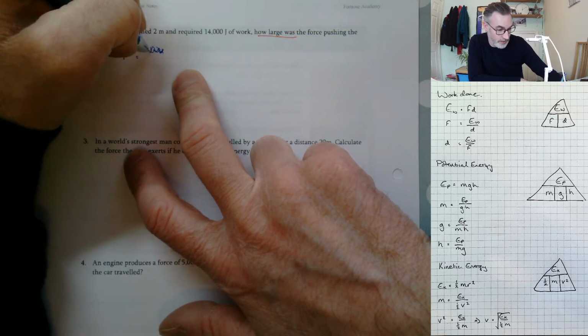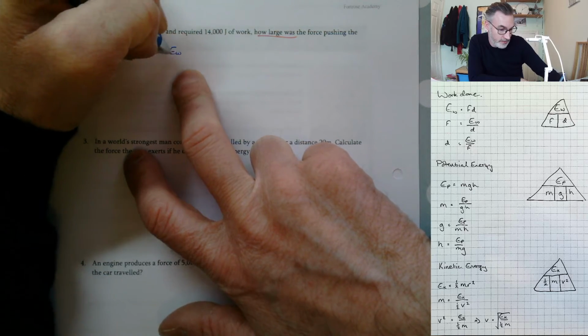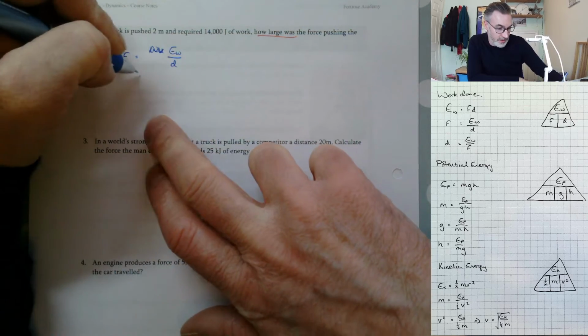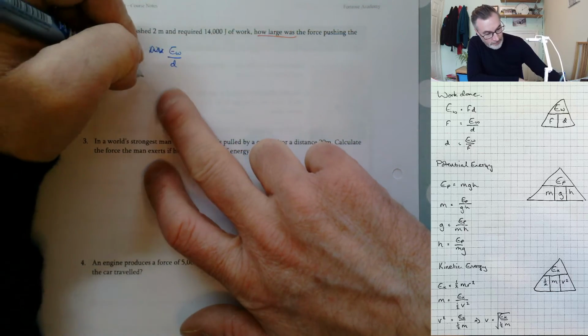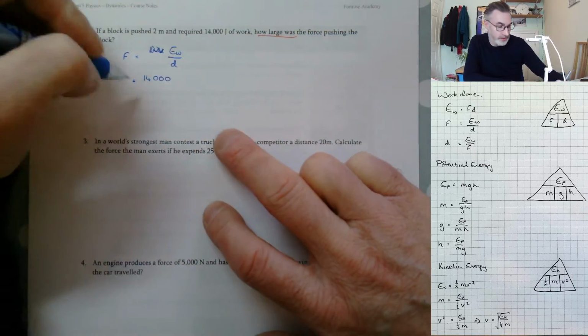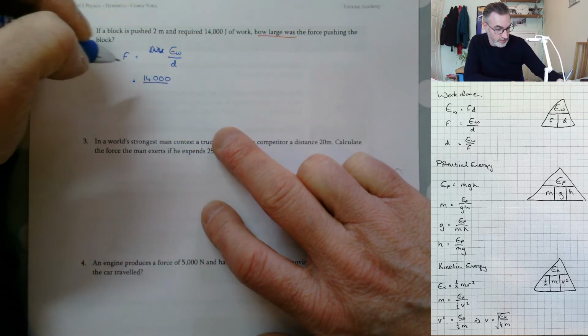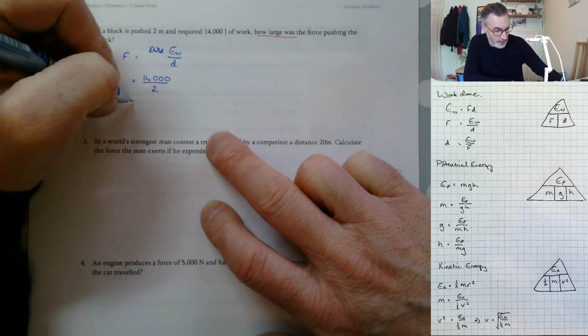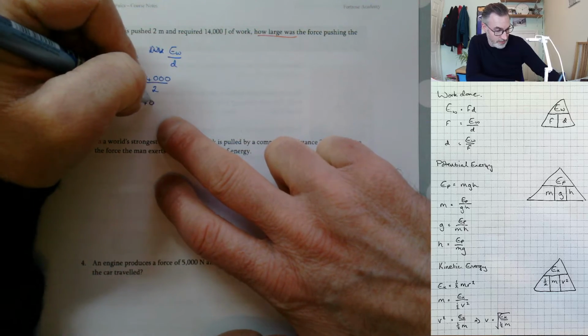No, that's not what we're done. We'll have EW over D. We have 14,000 joules, and that is over 2 meters, which is going to give us 7,000 newtons.